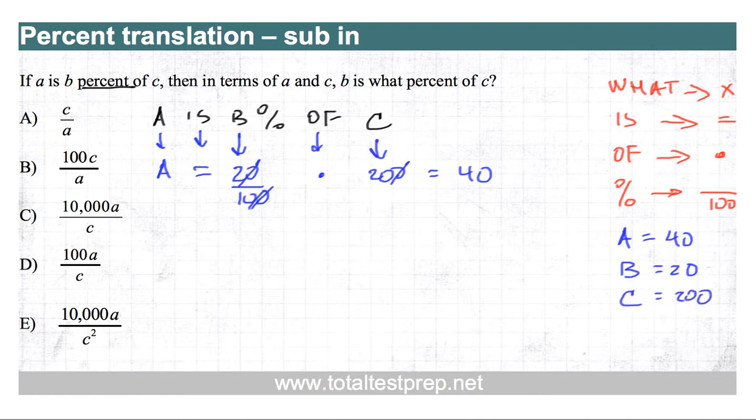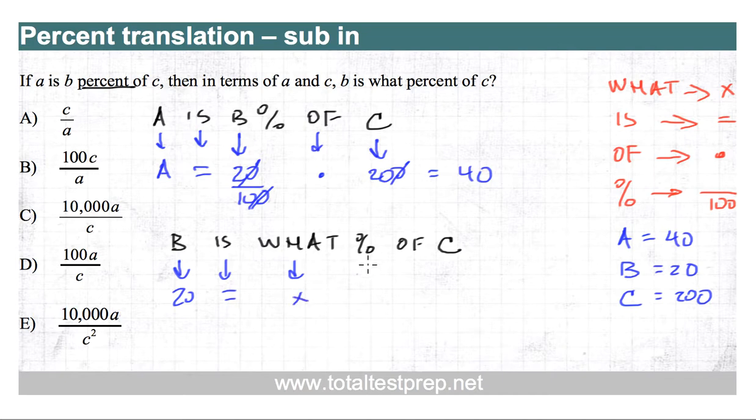The question is then, B is what percent of C? So let's write that now. B is what percent of C? Well, we just said that B was 20. So the question is 20 is what percent of 200.